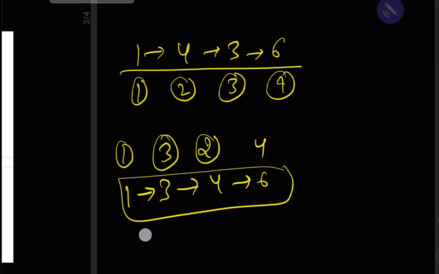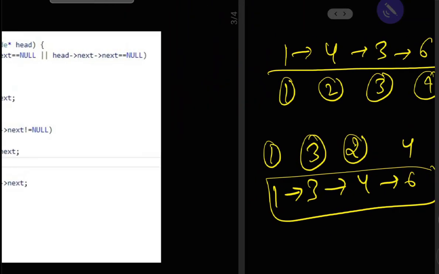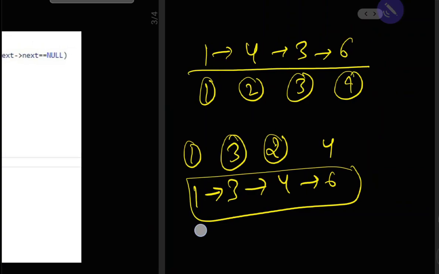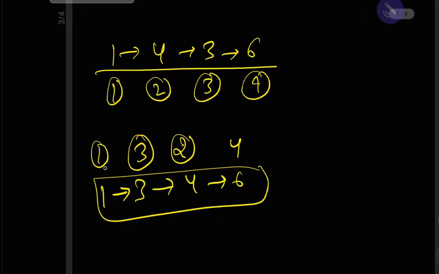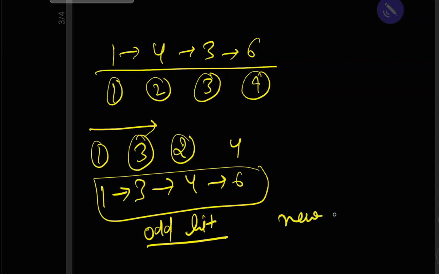There are two approaches. One approach is to traverse the whole linked list and segregate the nodes, making an odd list and an even list separately with new pointers.